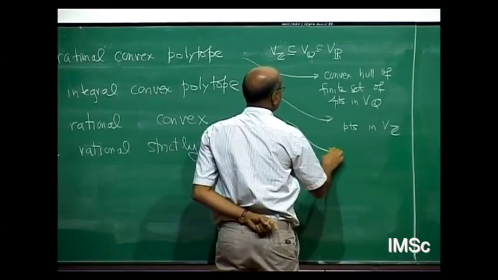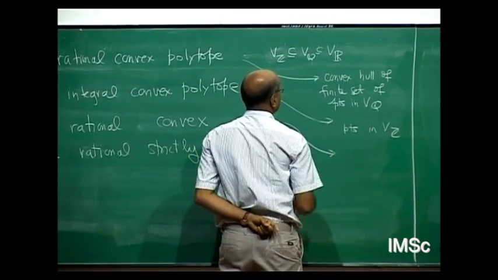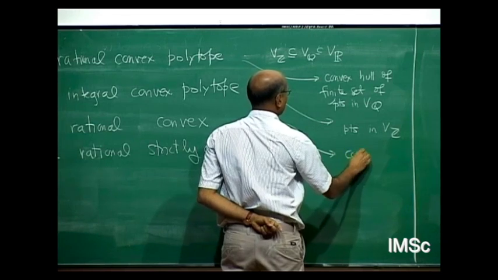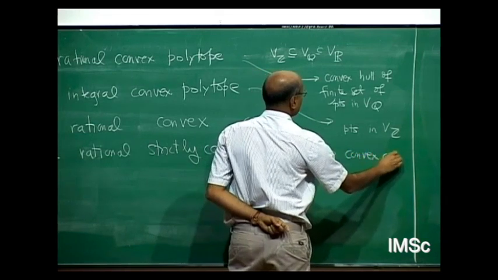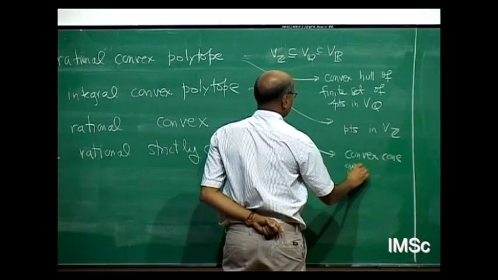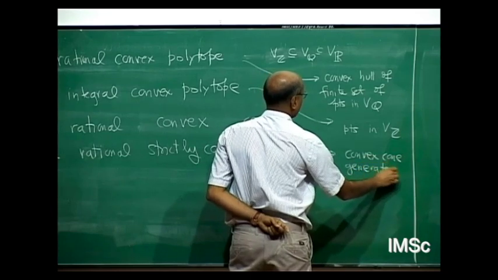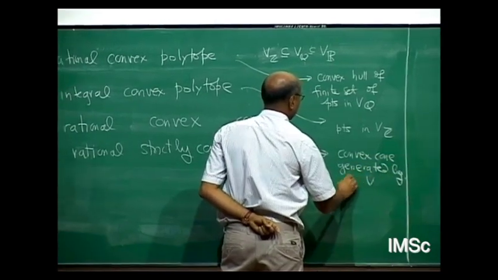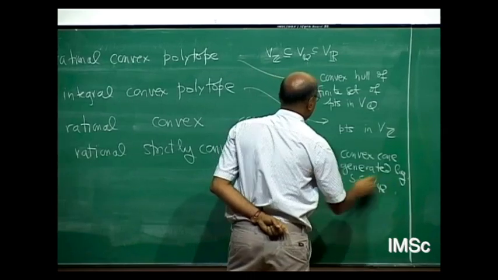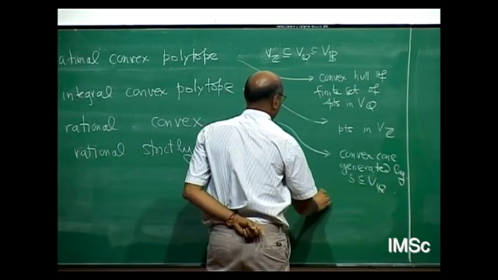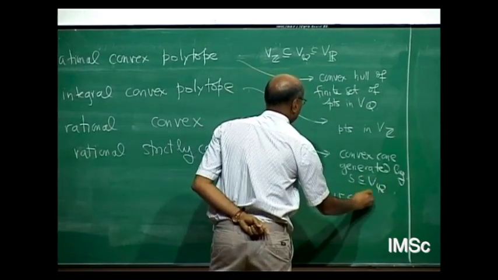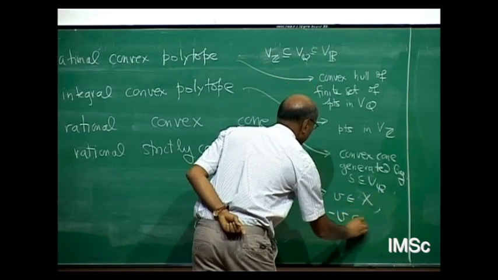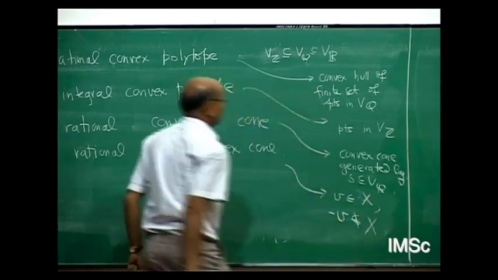And a convex cone generated by some set S in VQ is something where if v belongs to the set X, then minus v does not belong to X.